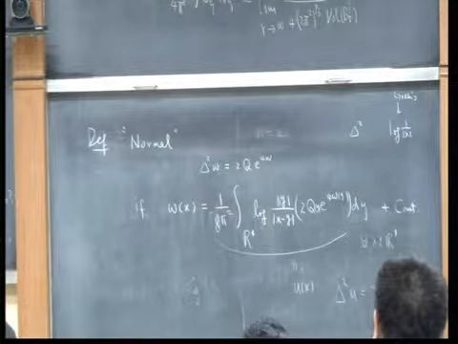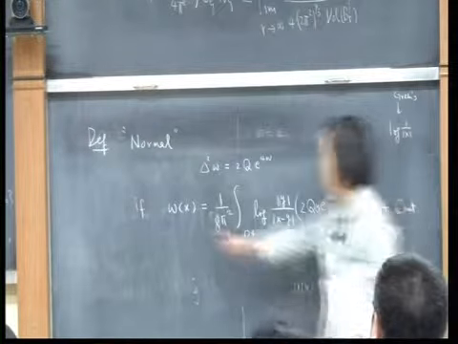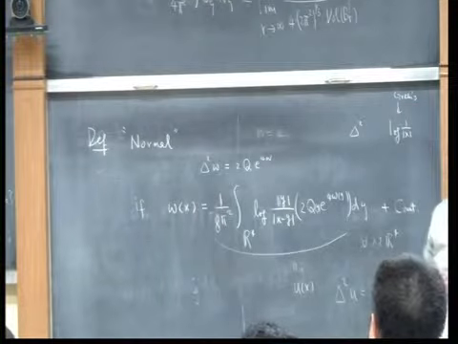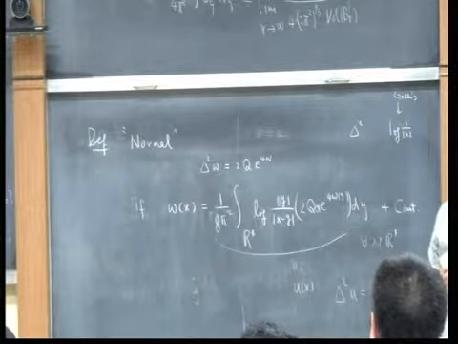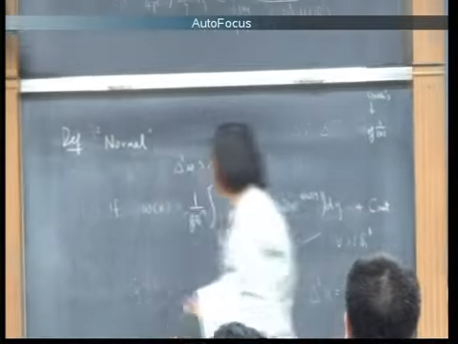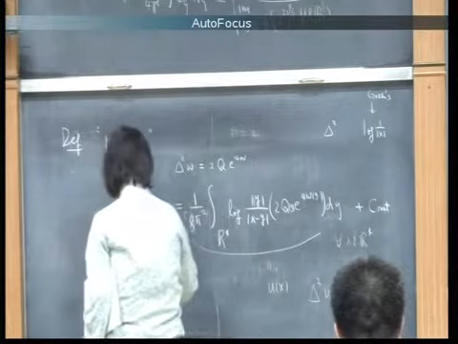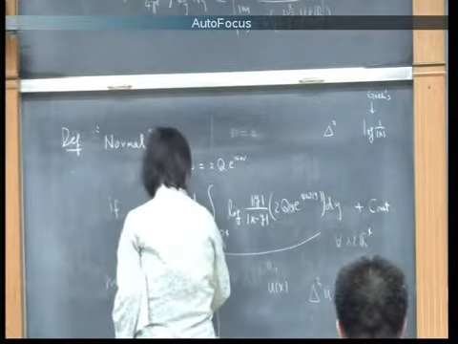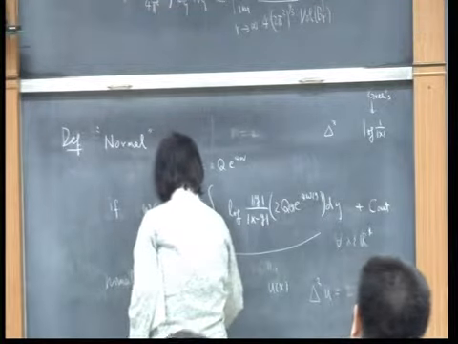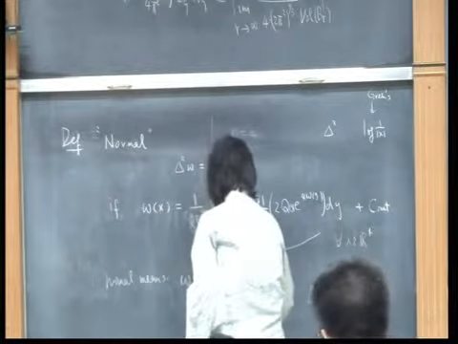Okay. So what we say is normal is if this u and the w differ by a biharmonic function, and that biharmonic function is a constant. Okay. So we say it's normal. Normal means w differs from u by h with double Laplace h equal to 0 and h a constant.